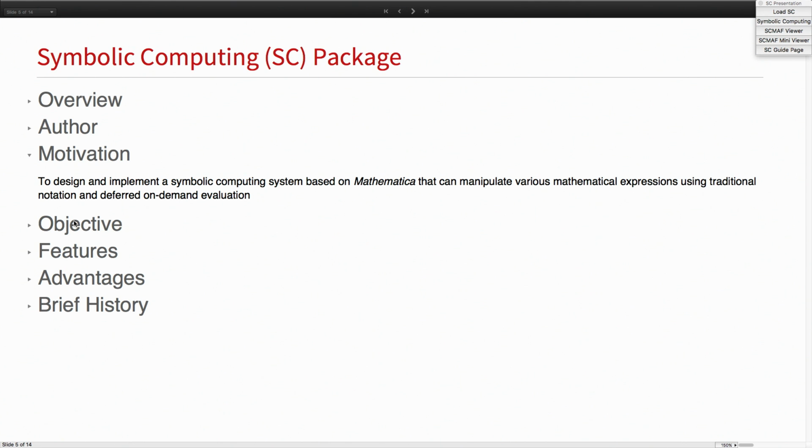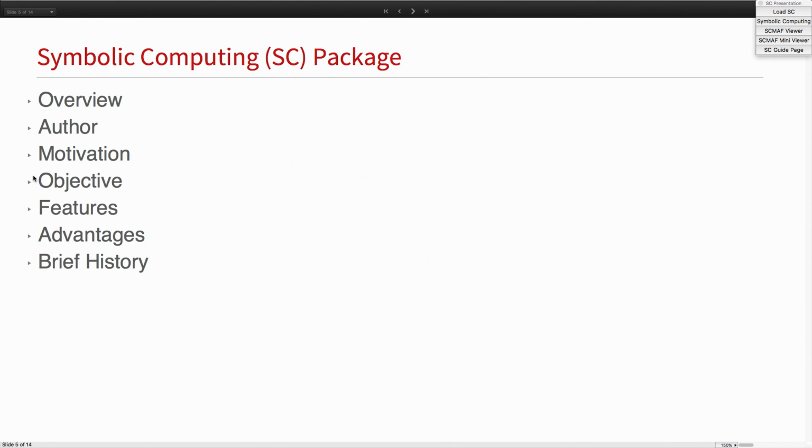These quantities are evaluated by calling the functions that start with evaluate something. There are some 20 or 30 functions for evaluation of the expressions, and it is deferred on-demand evaluation.